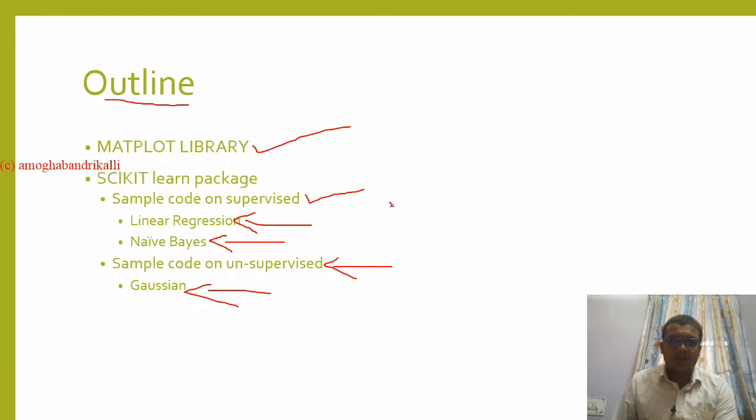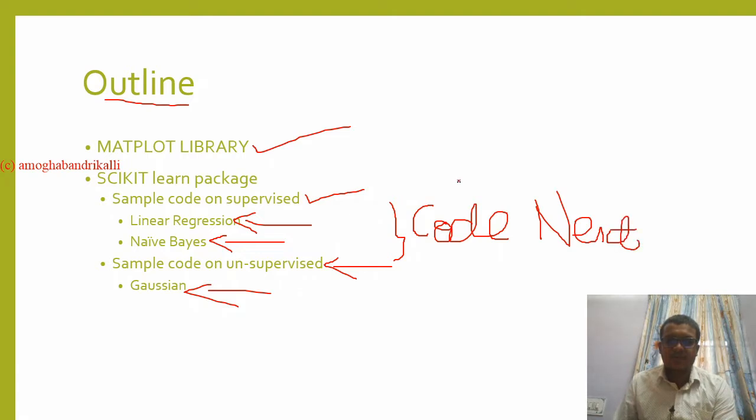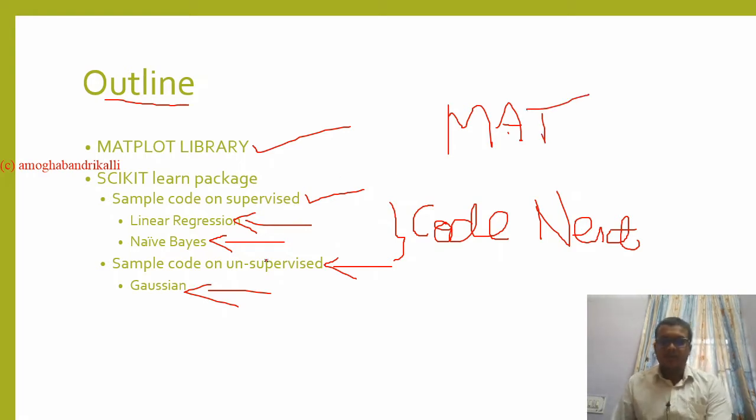Here we are just seeing how to code it. In the next session, the next video, we are going to see the mathematical part of all these supervised and unsupervised methods. After getting the mathematical part, we will apply it to a real-time scenario.